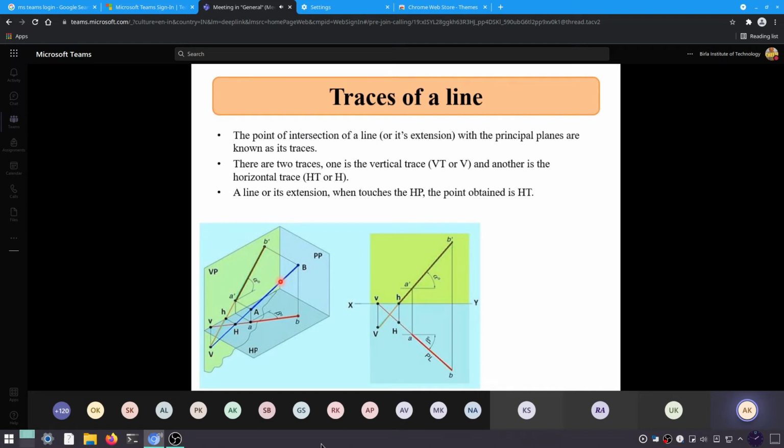It is going to meet HP and VP since it is inclined to them. So if we have a case for a line which is parallel to VP and makes some angle with HP, it will not meet VP since it is parallel to VP, but it will meet HP as it makes an angle with it.